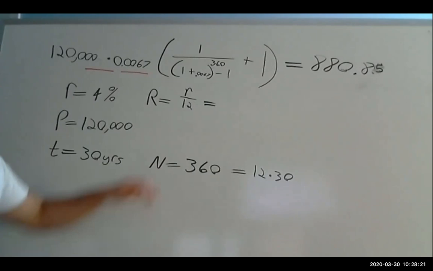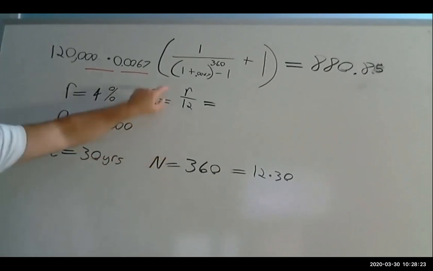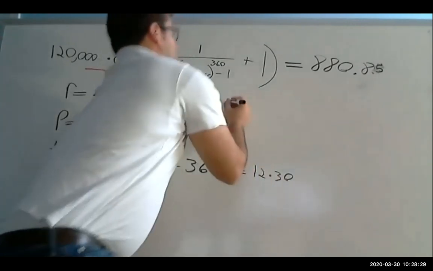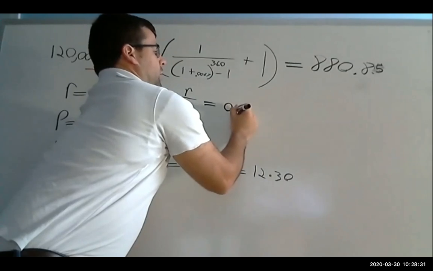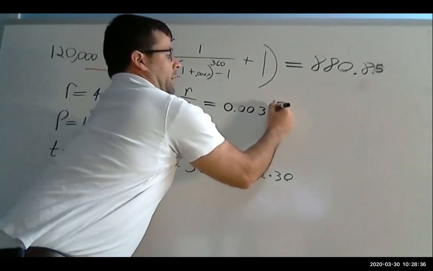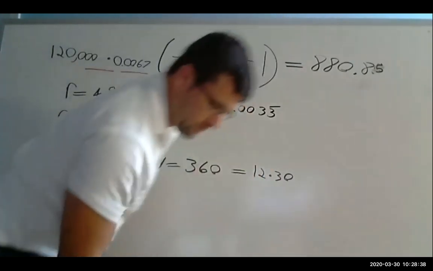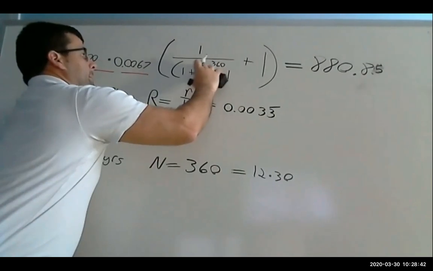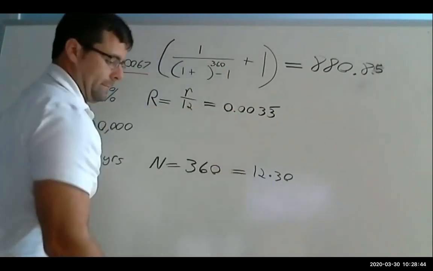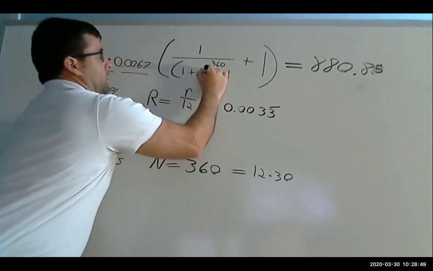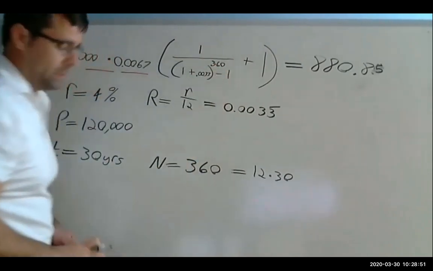So it's just half as big now, because R is half as big. So R over 12 is half as big as it was. So this is 0.0033 on forever.